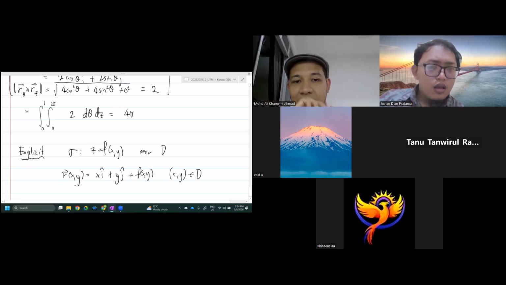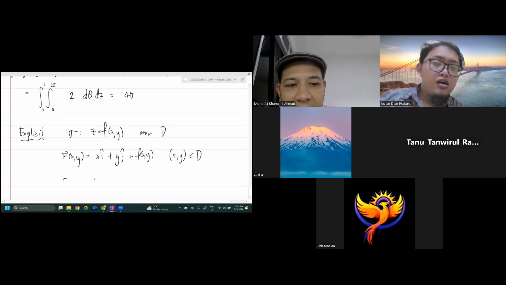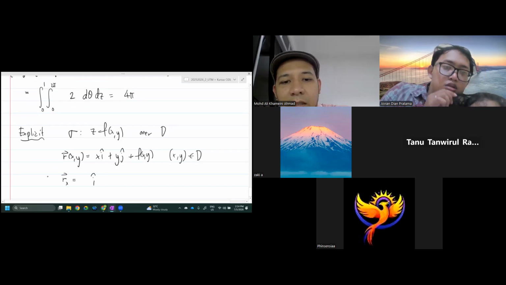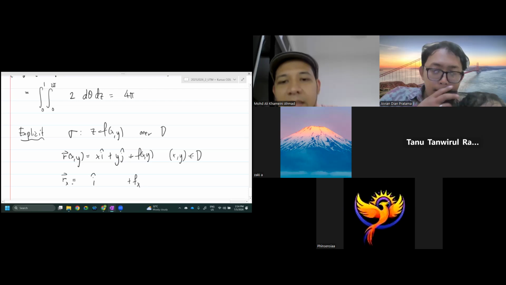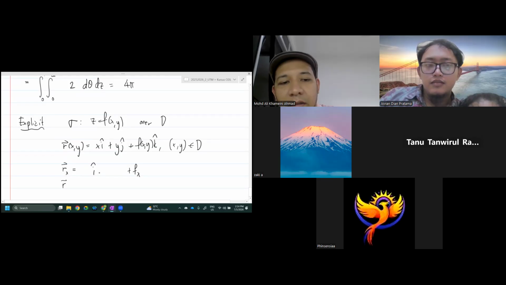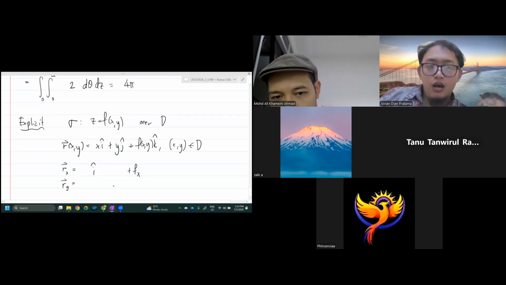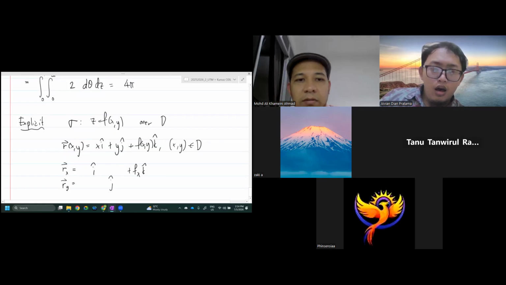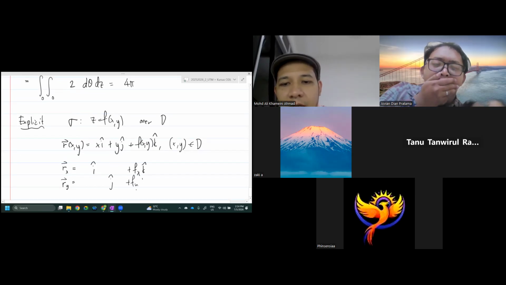Okay. So if you try to derive, you find r sub x. So what will I get here? I get i, 0j, plus f sub x. I'm sorry, this is k. And then you have r sub y. You will have 0i, j, because you differentiate here with respect to y, you get 1, plus f sub y k here.